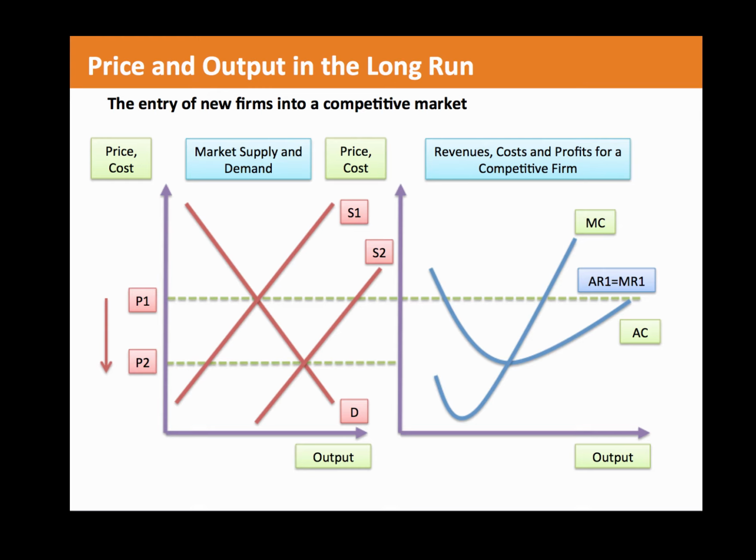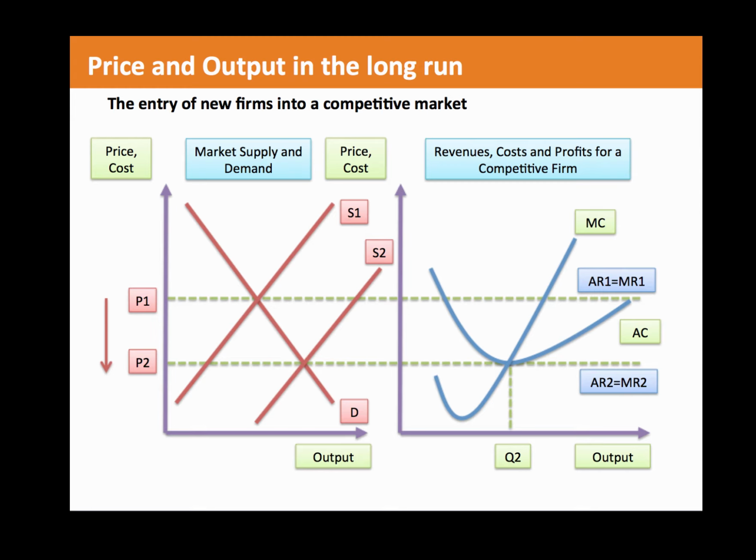In other words, the entry of new firms in a competitive market will compete away the supernormal profits of existing firms in the industry. The arrival of new firms producing the same product will cause an increase in supply, a fall in price, and that will, in inverted commas, compete away the supernormal profits.